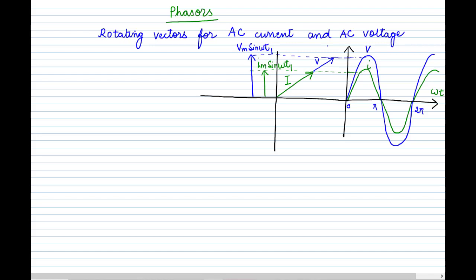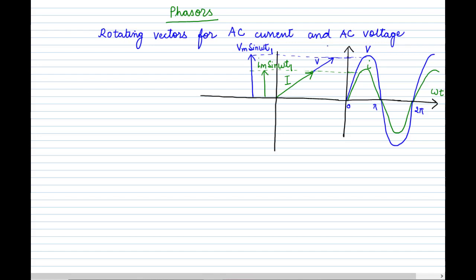So we just studied that the AC current and the voltage through a resistor are in the same phase. So we want to show a phase relationship between the voltage and current. We draw the rotating vectors. This we call a phasor. A phasor is a vector which rotates about the origin with the angular speed omega. The vertical components of phasors V and I represent the sinusoidally varying quantities V and I. This capital I shows the sinusoidally varying current, and the capital V in blue color shows the sinusoidally varying voltage.